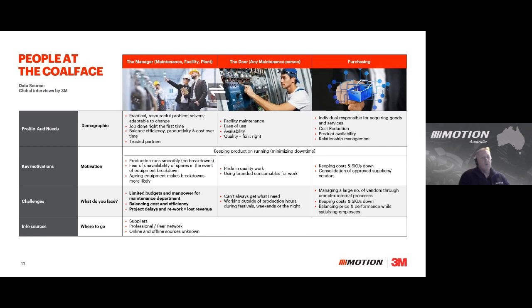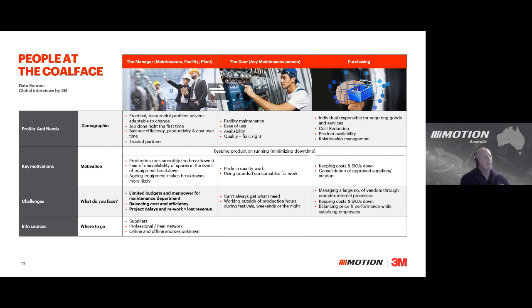As we go through, 3M conducted a global interview with a range of people across different industries, as we have shown before, and these interviews included the managers, the maintenance, and the purchasing people. While there were a few similarities in each, like keeping production running and minimising downtime, there were differences in different areas.